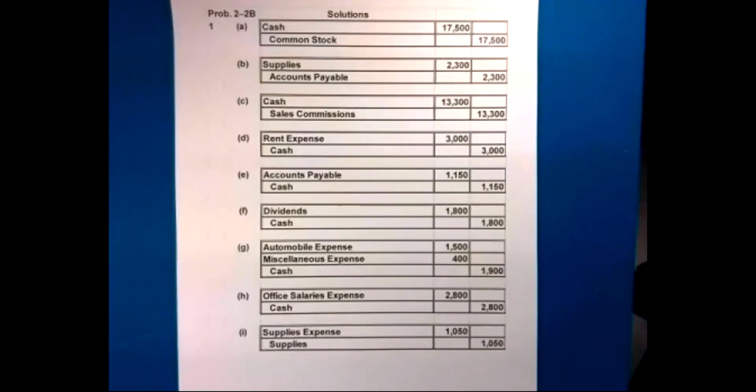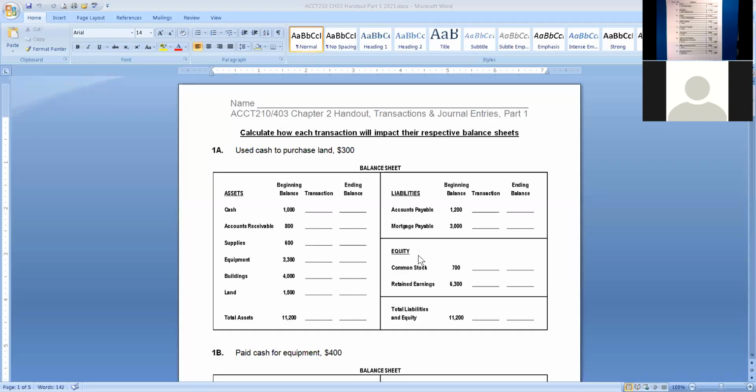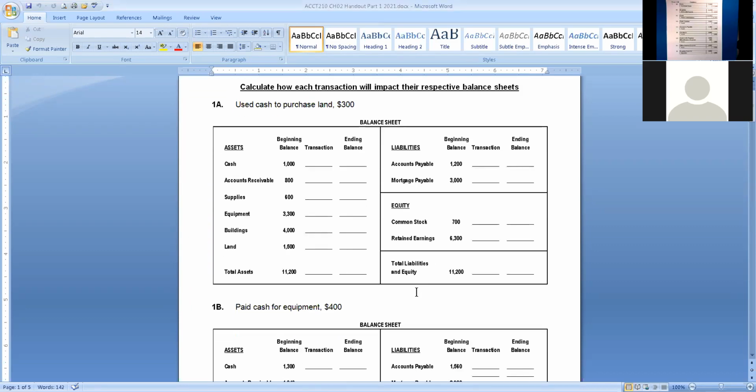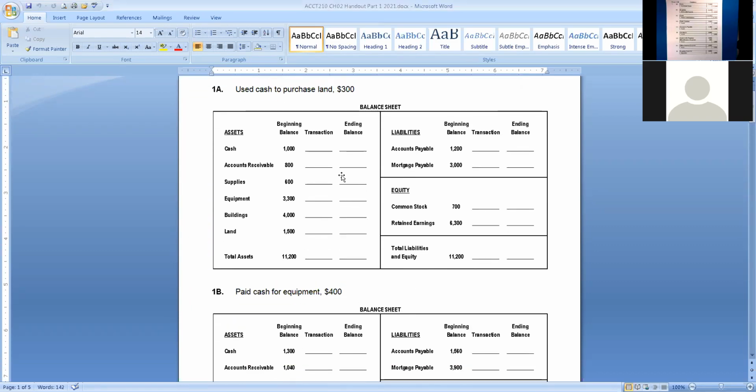Well, they're two different handouts. Yeah, it's the one we did from the book. Here, let me put it on the screen. This is what the part 1 handout looks like. And we did that in class together, right? Last week? Yeah.